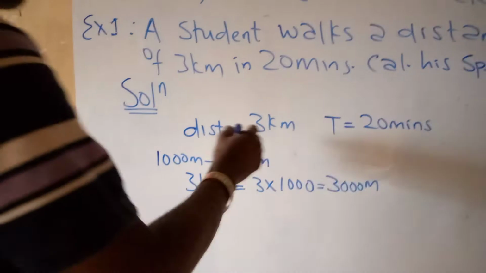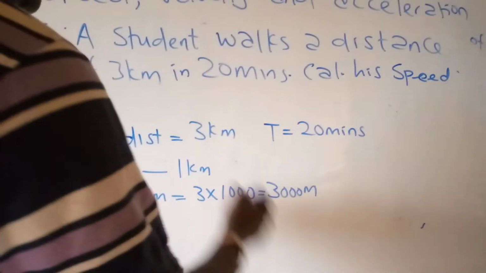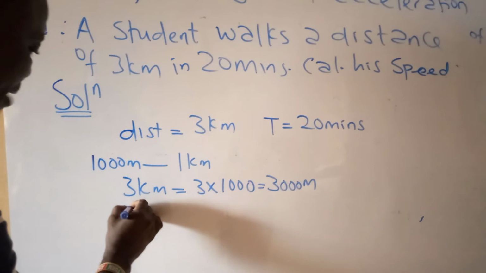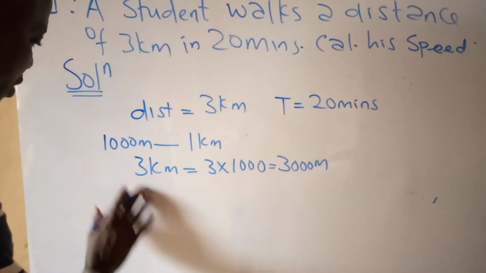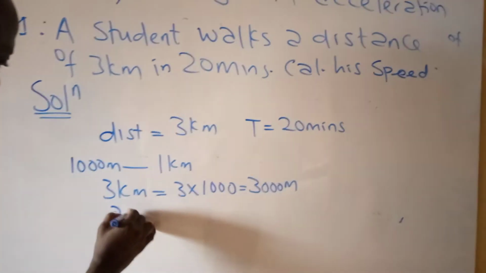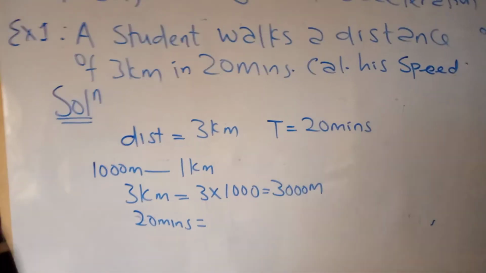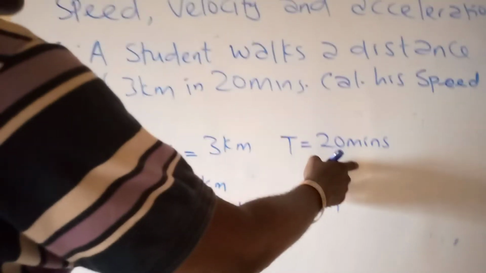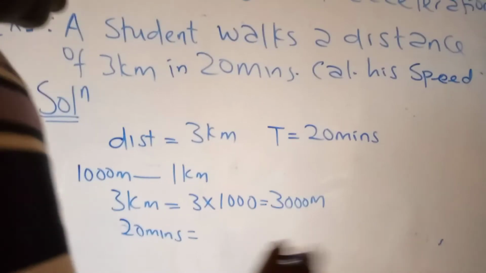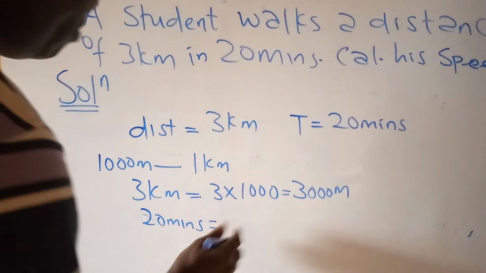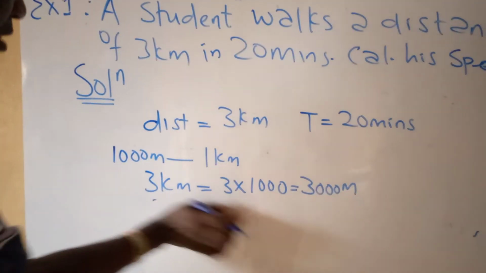3,000 meters. So you need to take the 3 kilometers, convert it to meters, and it will give you 3,000 meters. Now, for the time T also, which is 20 minutes, you need to convert that, very important, because you cannot leave it in kilometers and minutes. The SI unit is meter per second. So how do you take this one? You know 60 seconds make a minute.